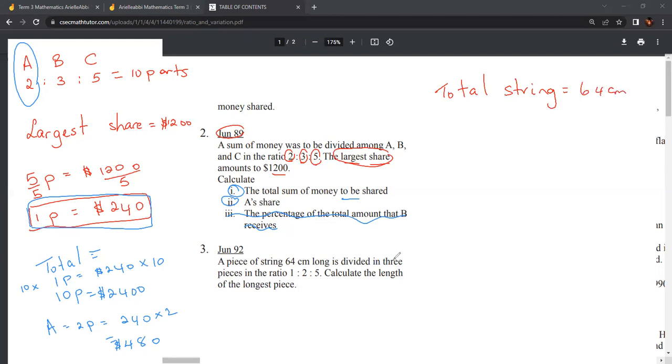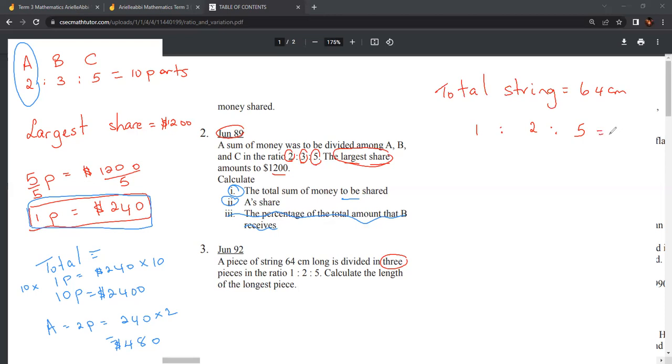And they said it's divided into 3 pieces in the ratio of 1 to 2 to 5. So it's like the 64 centimeters was divided and shared within a particular ratio. So this one got 1 part, this one received 2 parts, this one received 5 parts.